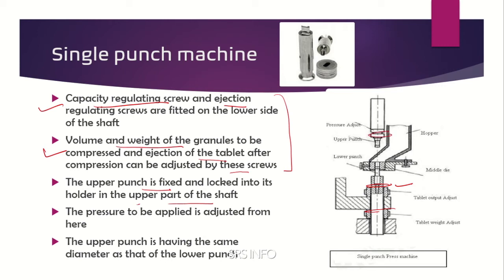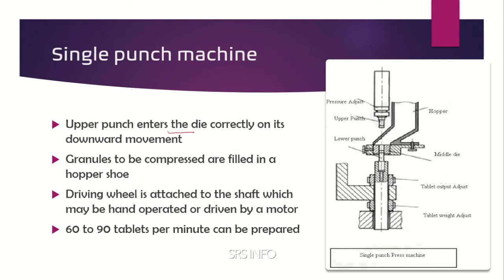This is adjusted by moving the screw. The upper punch is fixed in the same direction as the lower punch, and it has exactly the same diameter as the lower punch. Then the upper punch enters the die correctly on its downward movement. When the wheel or the machine starts to operate, the upper punch moves downward to the die.